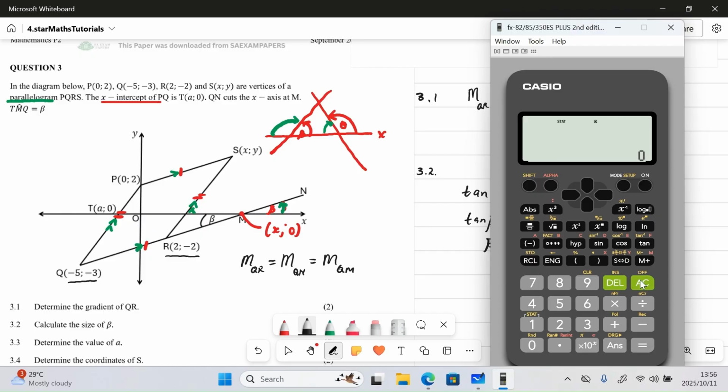Because we are done with statistics, make sure that you reset your calculator. Then inverse tan, shift tan of 1 over 7.